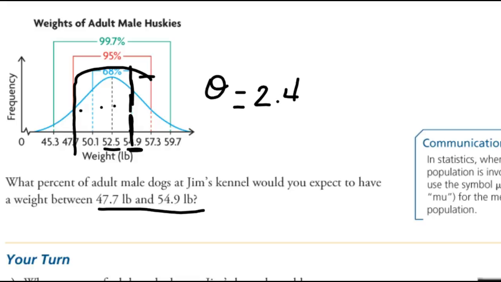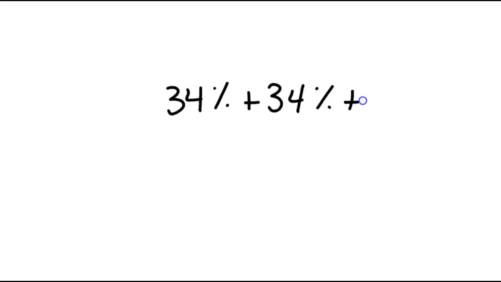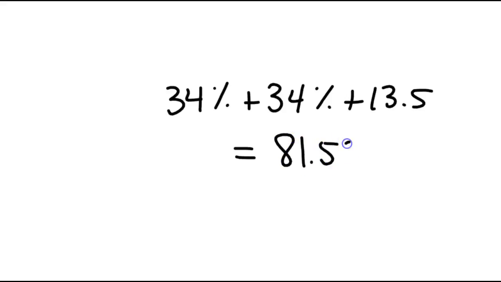So I would go 34% plus 34% plus 13.5, and I would get what? 81.5%. So I would say 81.5% of the dogs have a weight between 47.7 and 54.9 pounds. That's how many dogs fall between that weight.